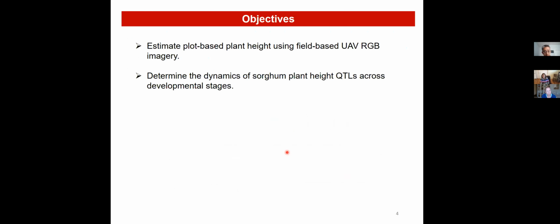So this work has multiple objectives, and 2 of them that I'm going to present today are: first, we try to use the UAV-based RGB imagery to estimate sorghum plant height on the time series, and also use this time series data to investigate the dynamics of sorghum plant height QTLs across developmental stages.